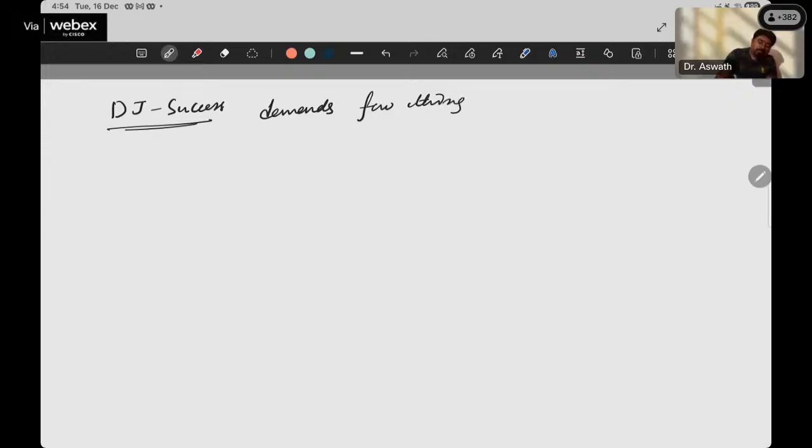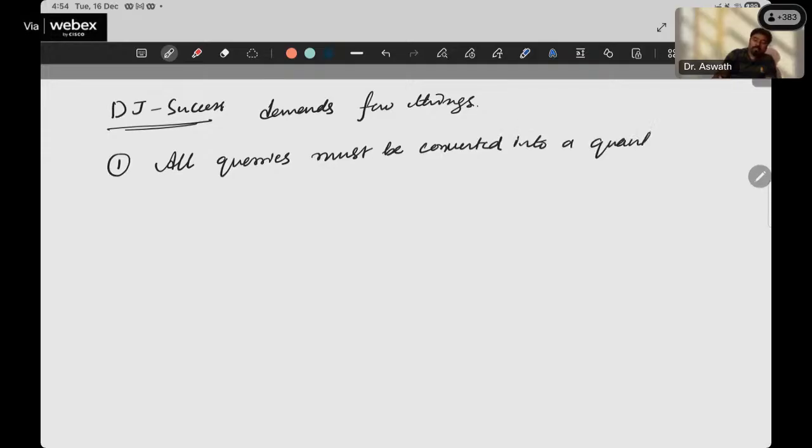Number one, all the queries must be converted into quantum registers. That is done. All of them must be converted into quantum registers.